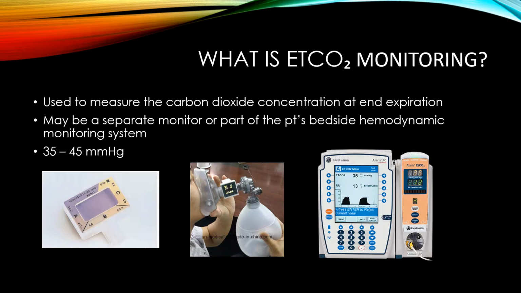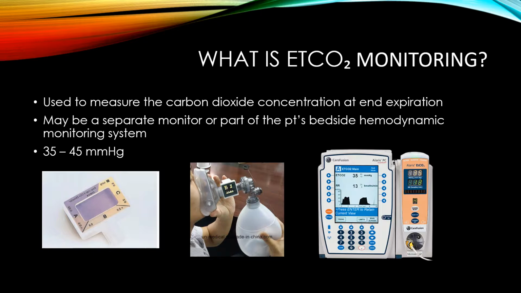The one on the very left is called a colorimetric CO2 detector. This has been around for many, many years, and it was the standard that was used out in the field and even in the ER for quite some time, to where this would be put on the end of an endotracheal tube when the client was first intubated to see if the tube was in the correct place.